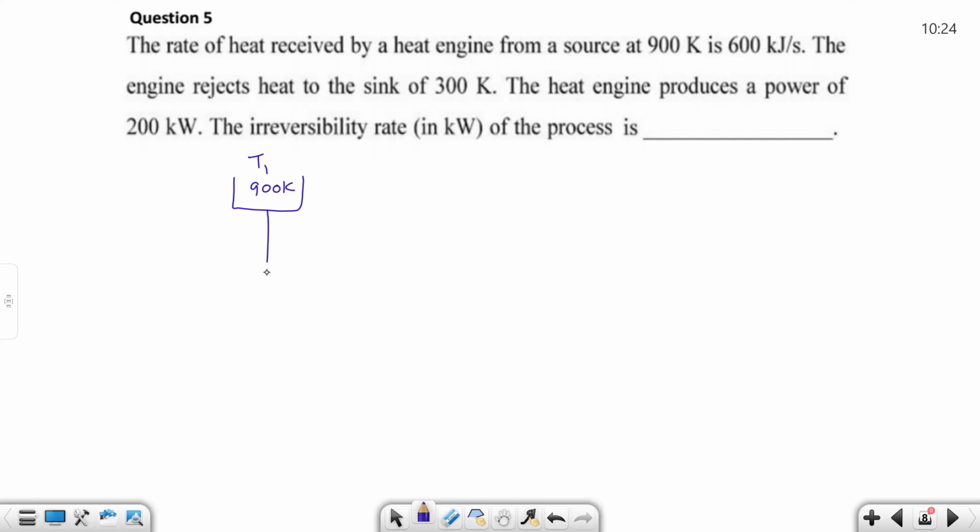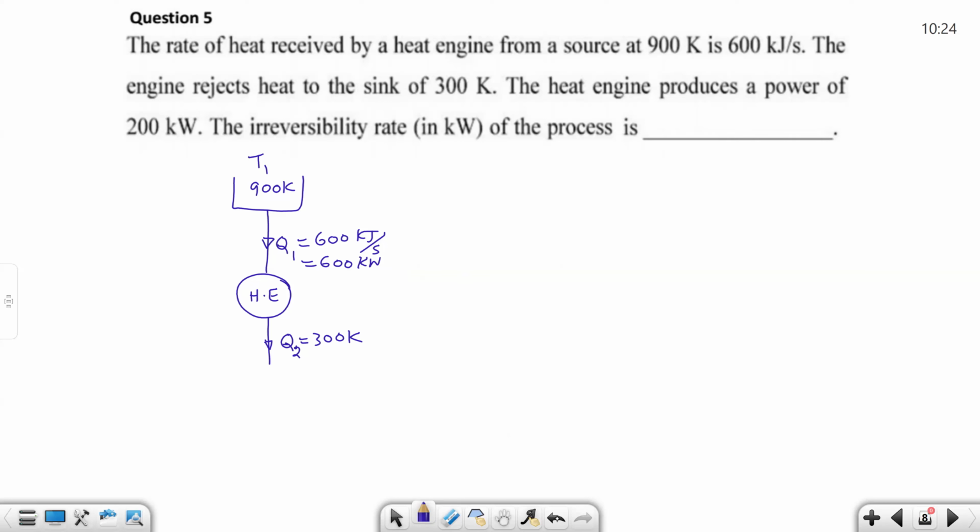The rate of heat received by the heat engine is 600 kilojoule per second, that is 600 kilowatt. The engine rejects heat to the sink, 300 Kelvin.